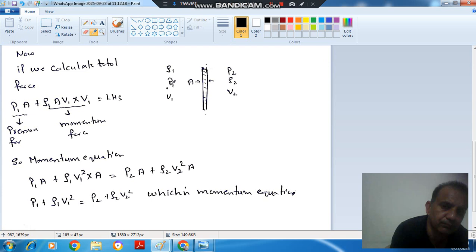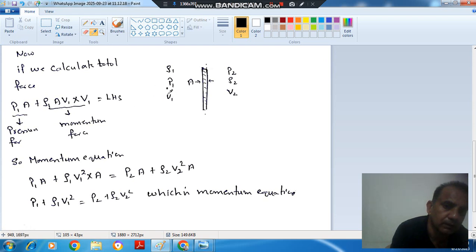Now this fluid is imparting energy to this wave, and this energy is transmitted to this fluid through this wave. So the force acting on the wave from the left hand side is P1 into A, that is the pressure force, plus the momentum force.